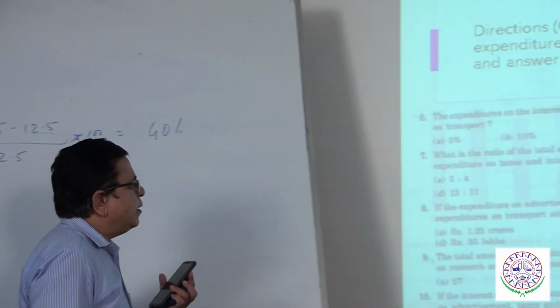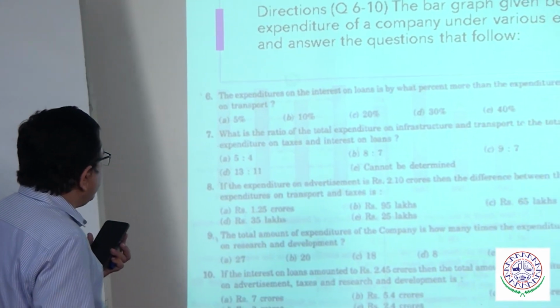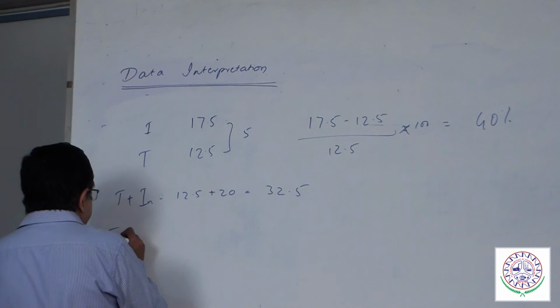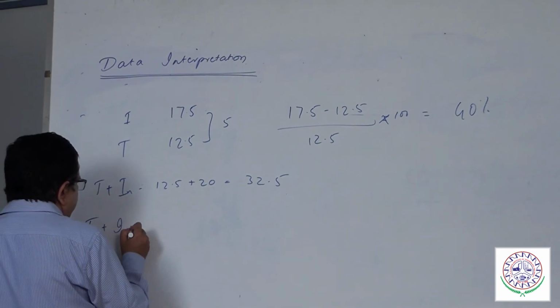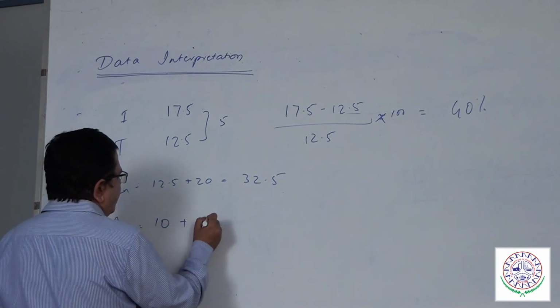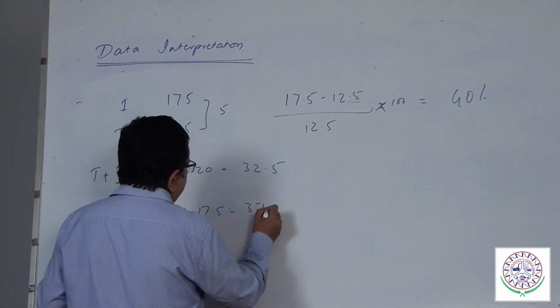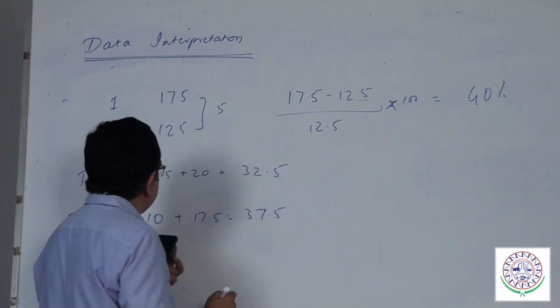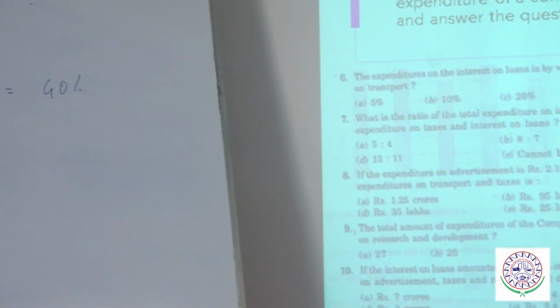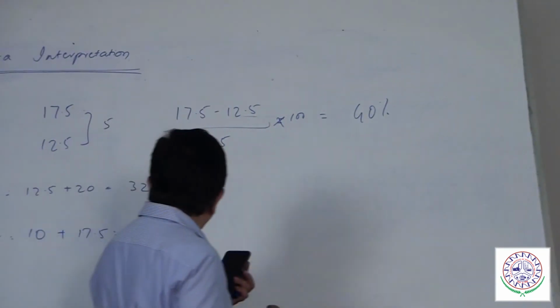And the next one, taxes and interest. Tax is 10, interest is 17.5. Taxes plus interest, that is 10 plus 17.5, that is 37.5. Sorry, 27.5.